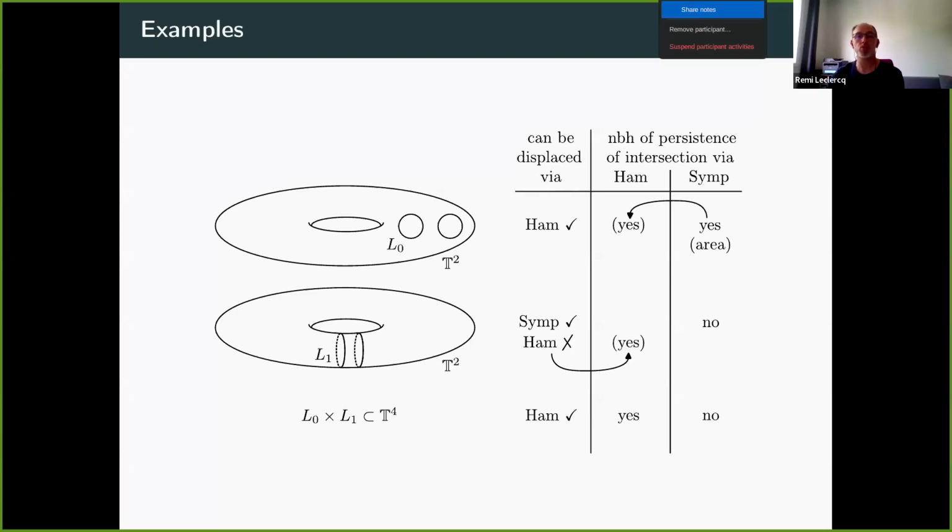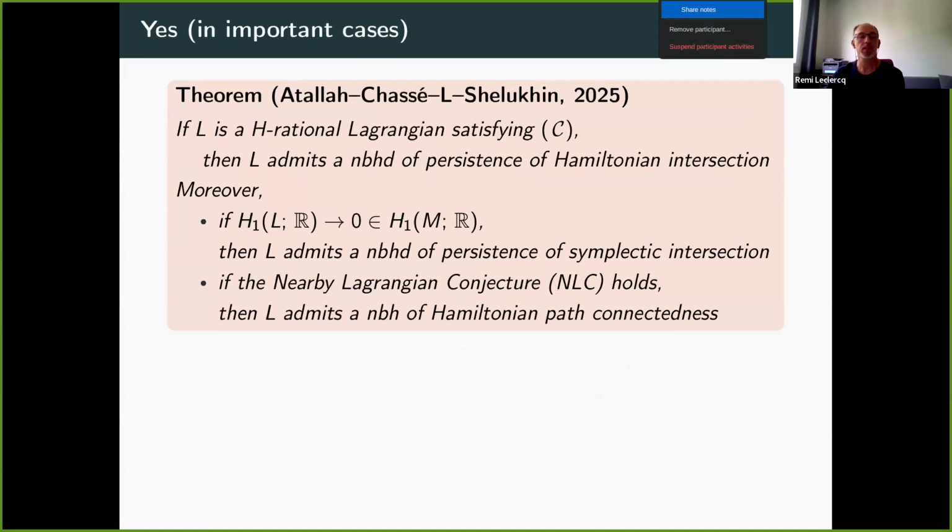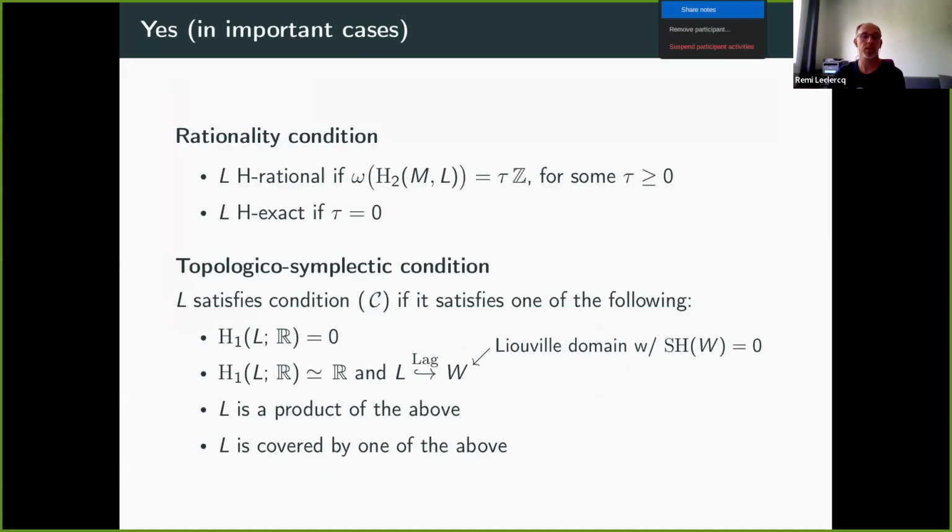For the Hamiltonian intersection, if you have a Lagrangian which doesn't satisfy my assumption C, then I don't know. Is that what you're asking? What would the easiest concrete example be, already on a surface or in dimension 2?